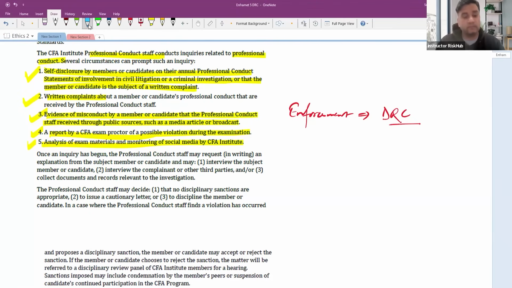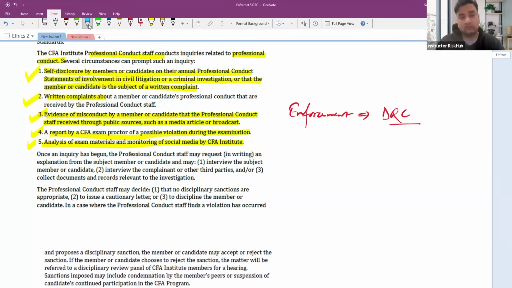Keep that in mind. Public information, I told you, such as a media article or broadcast. CFA can act even if no complaint is filed. Very interesting. Exam proctor report: suspected cheating or misconduct during the exam. Exam integrity is sacred, very, very important. Monitoring of social media: CFA monitors public content, such as posting unethical advice on LinkedIn, Twitter, X accounts, right?